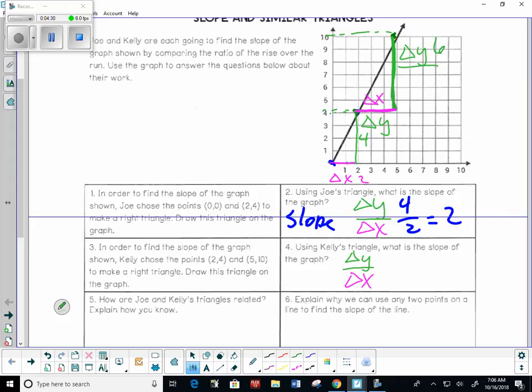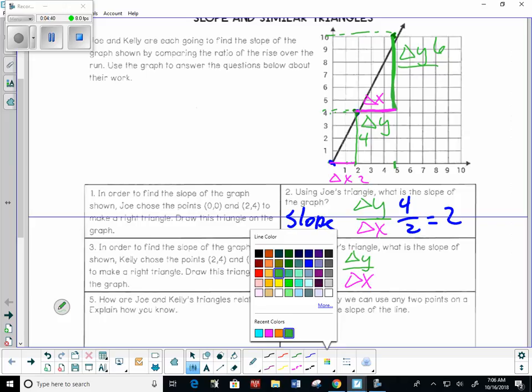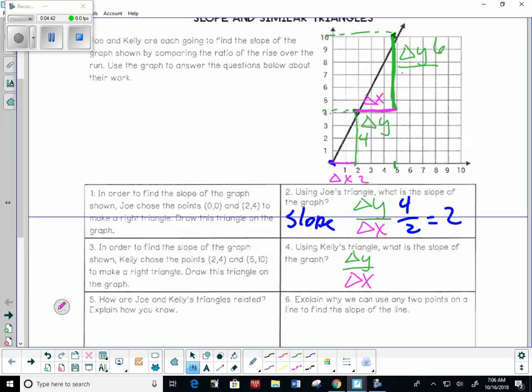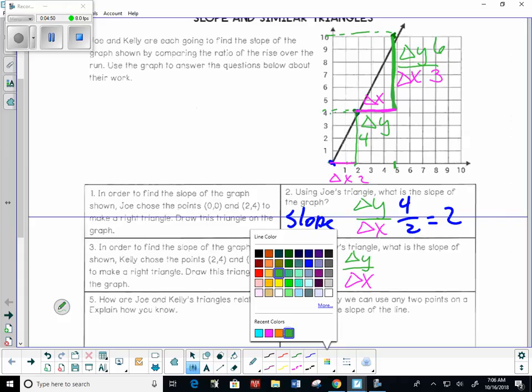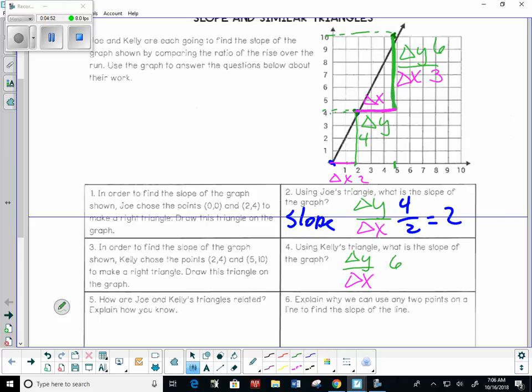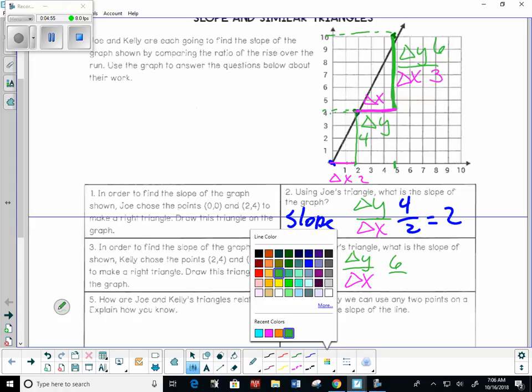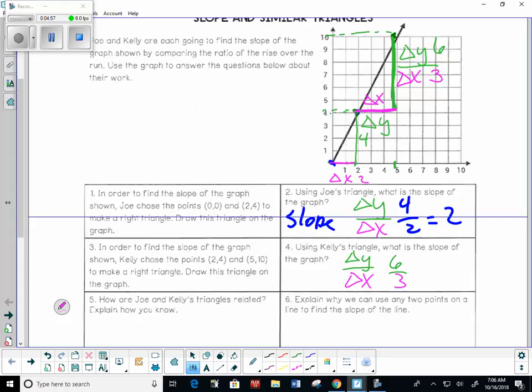And then our horizontal change is going to be 5 take away 2, which is going to be 3. So the change in y is 6 and the change in x is going to be 3. 6 divided by 3 gives us 2.